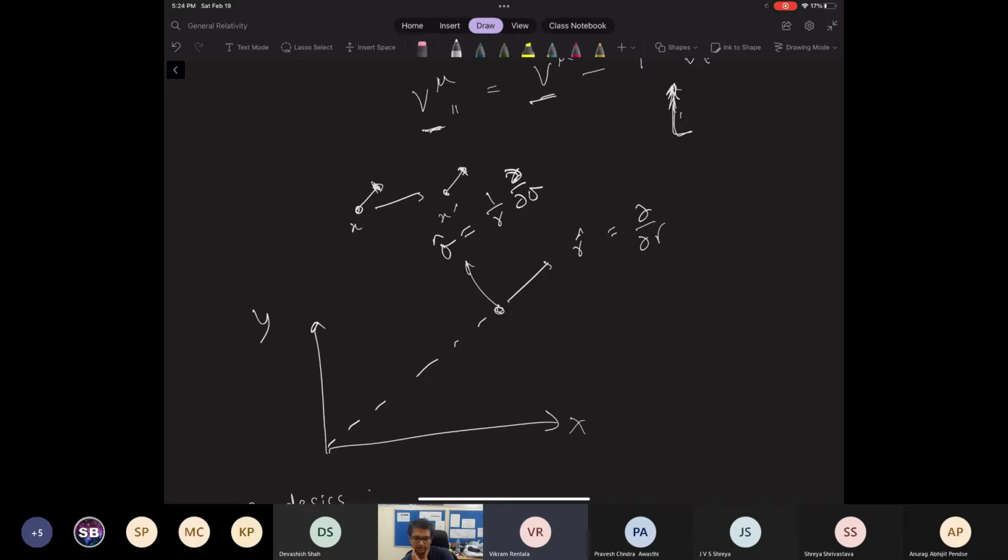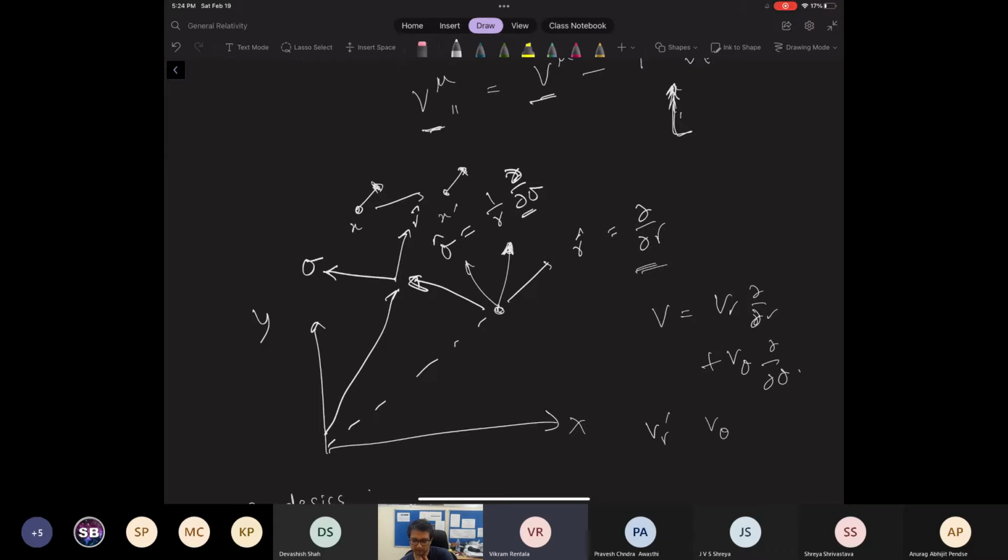Now if we write a vector and expand it in terms of partial partial r and partial partial theta, we write down a vector which is some v^r partial partial r plus v^theta partial partial theta. We will see that when I move to a different point, infinitesimally far away, with a different r hat and theta hat, the r hat and theta hat components of this vector after the displacement will be different from the original ones I started with.